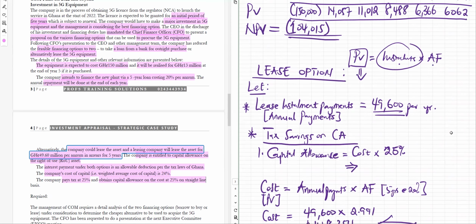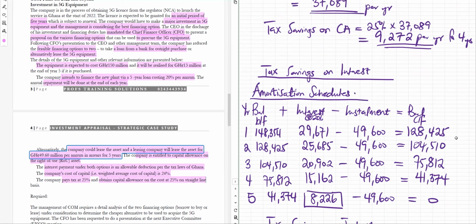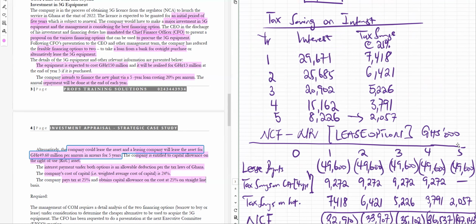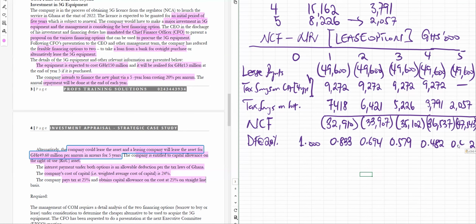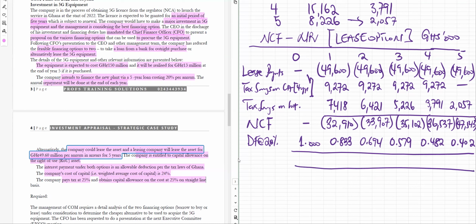Last one was 0.402. I copied the discount factors. Year zero, there's nothing there, it's literally nil. So let's discount our cash flows to get our present values.